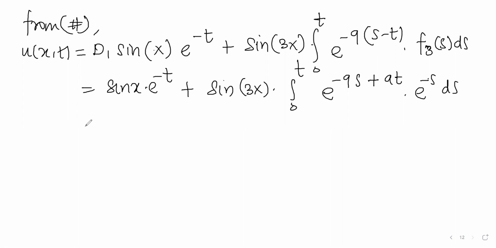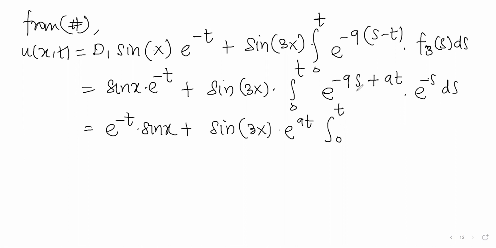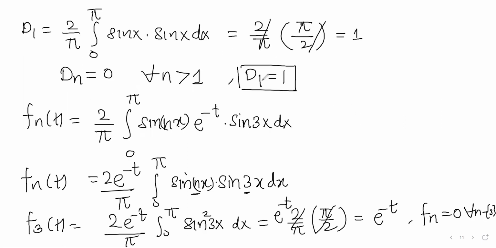So goal is now to do this e power minus t into sine x, and plus sine 3x will remain here, and I can take this since there is no role of s here, so I'll take e power minus 9t completely outside, and it will be e power. I'm again making a mistake.